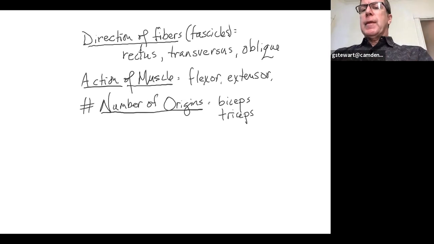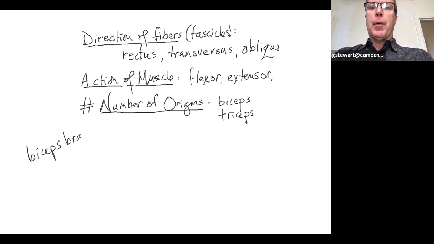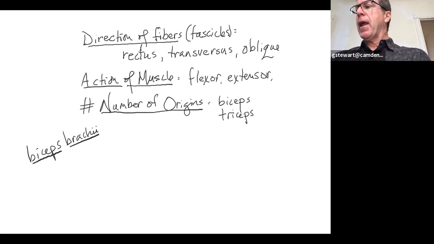So to give you a full example here, that muscle that I was talking about just a minute ago, the biceps brachii in our upper arm, both of its names, biceps refers to the number of origins, and brachii means upper arm. So it tells us where the location is in the human body. All right, that's basically all muscles, skeletal muscles in the human body use some combination of these 7 criteria in their name.